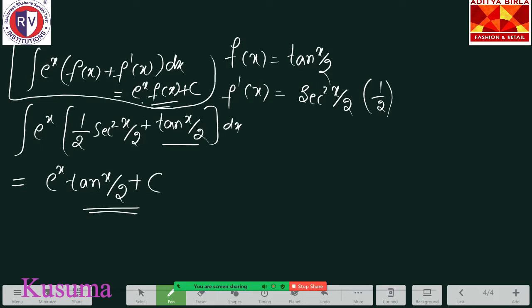Note this one. So here, since f of x is tan x by 2, the integration will be e to the power of x into tan x by 2 plus c. That will be your answer, which is your option A. So option A is the right answer here.